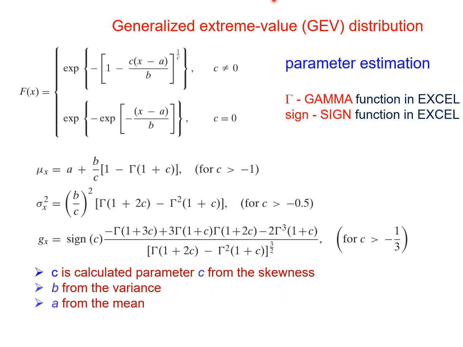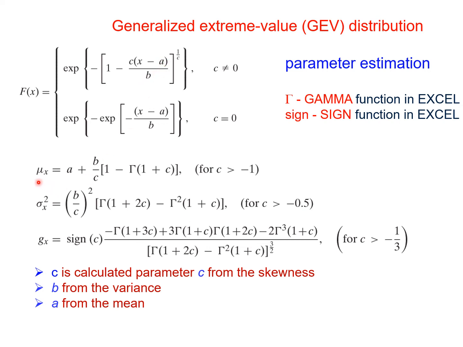Now another distribution, which is also very highly used in hydrology, is the generalized extreme value distribution. You can see the cumulative distribution of this generalized extreme value, F(x) equals e to the power minus (1 minus c x minus a over b) to the power 1 over c. And you can see here you have the parameters a, b, and c, right?